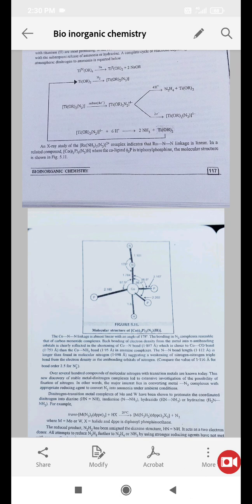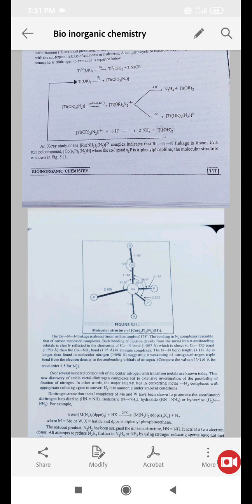The CoNN linkage is almost linear with an angle of 178 degrees. The bonding in a nitrogen gas complex resembles that of a carbon monoxide complex. Back bonding of electron density from the metal to the pi anti-bonding orbital is clearly reflected in the shortening of the Co-N bond, that is 1.807 angstrom, which is closer to the cobalt and carbon monoxide bond than to the cobalt and NH3 bond.